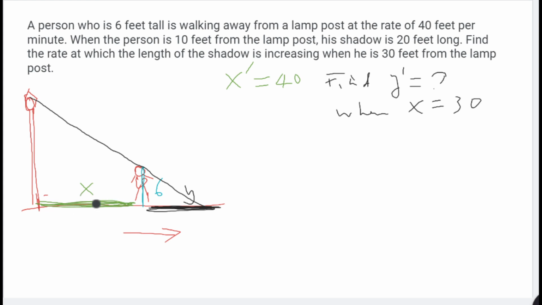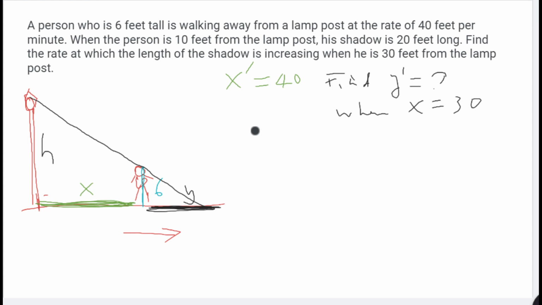All right, so for example, y would be the base of the smaller triangle, while x plus y is the base of the larger triangle, and there is the height of the person. Well, we don't know in this case the height of the lamppost. That's for now called H, just so we can set up something, right?